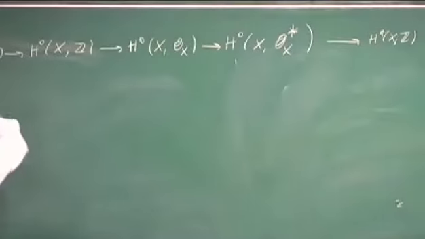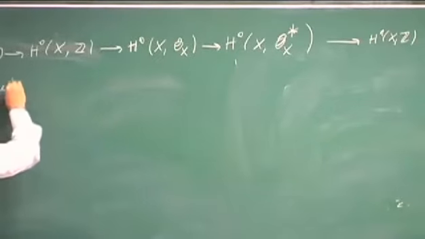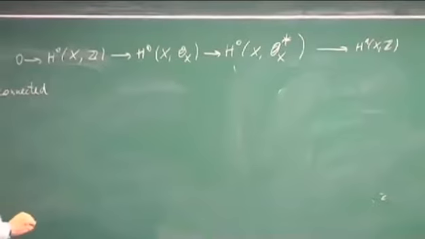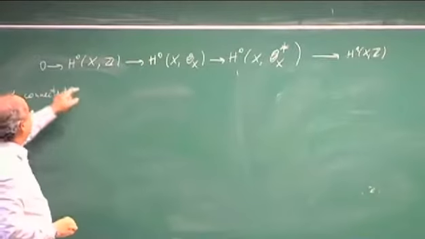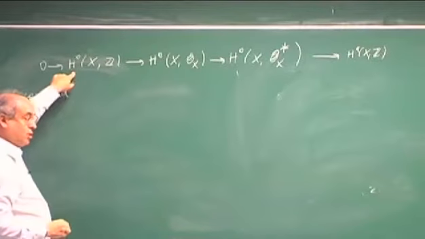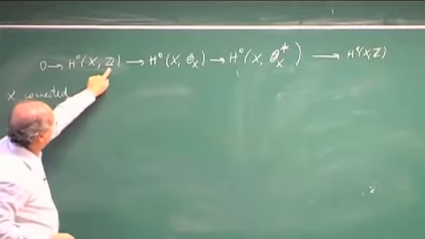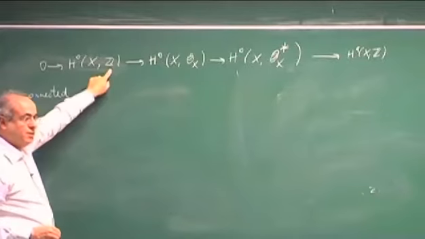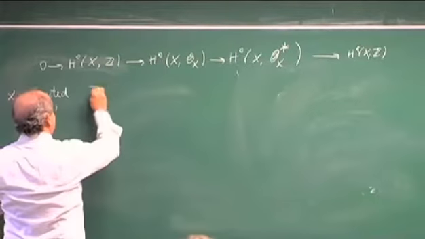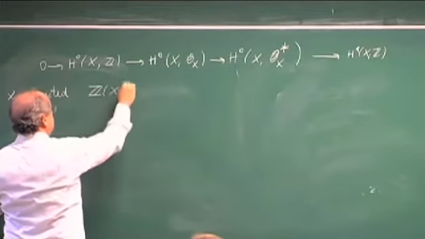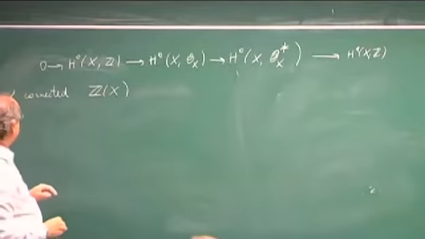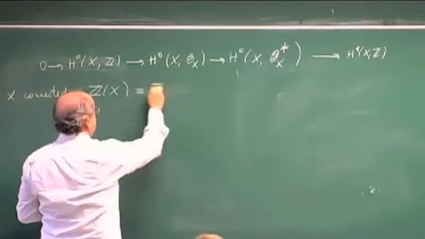One should show, so X connected, this is an exercise. We didn't do that, but you could show that the zeroth cohomology group, whenever we put a sheaf here, is the sections over the whole space. And then this is Z.